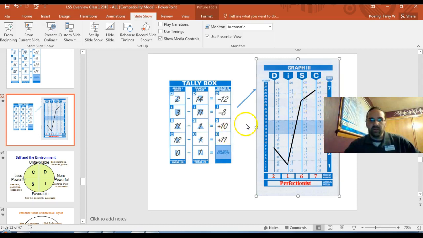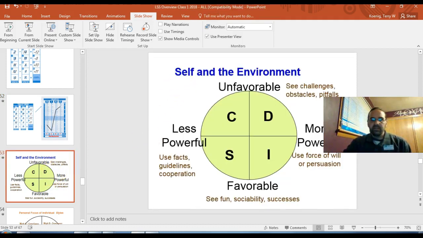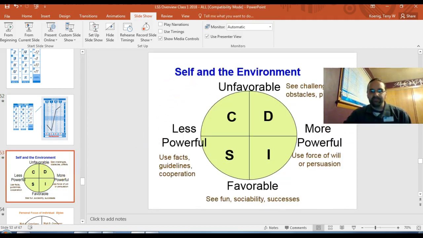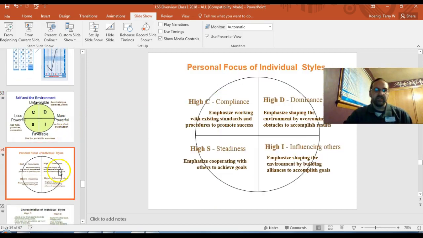And then there's a lot of information on the Excel sheet in Blackboard as well, along with what's here. Now I'm not going to go through all of this. Favorable, unfavorable, more powerful, less powerful, and how you use persuasion and see challenges.